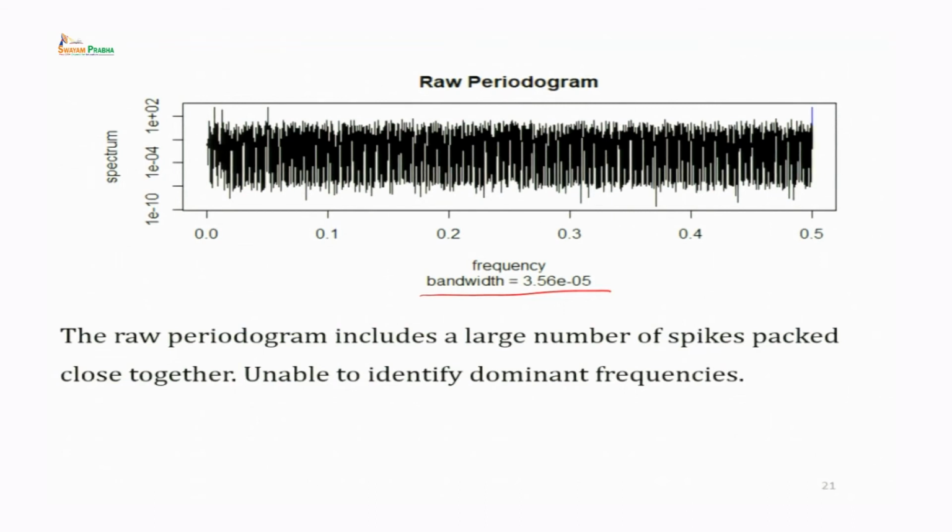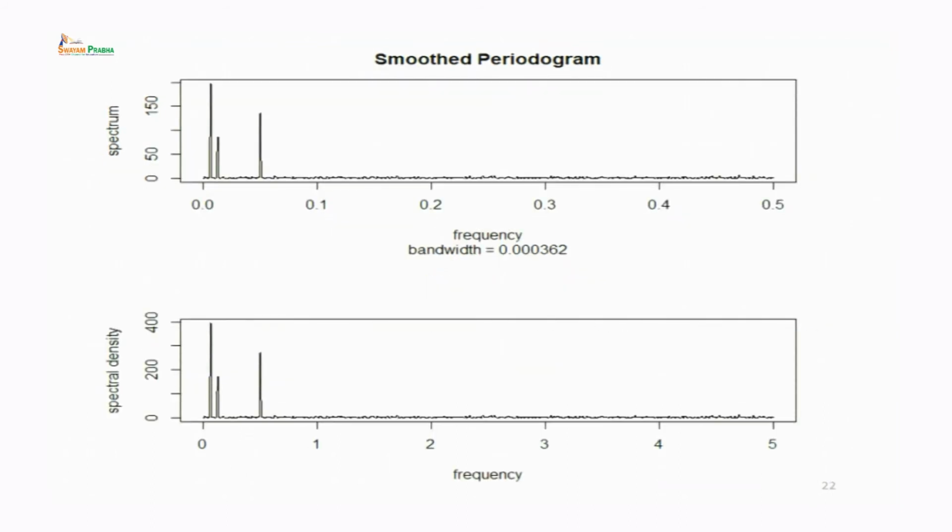So, this raw periodogram includes a large number of spikes packed close together, and you are unable to identify dominant frequencies. Then we have smoothed the periodogram.